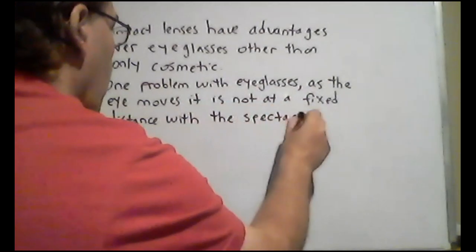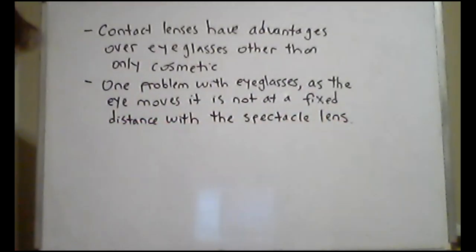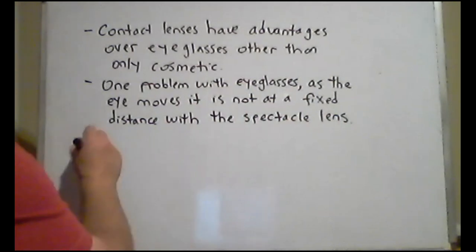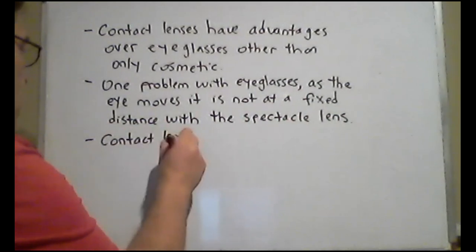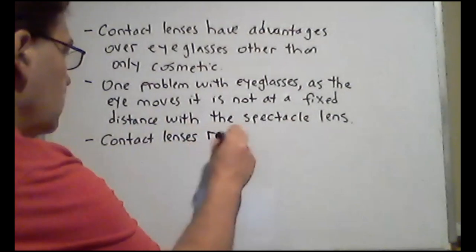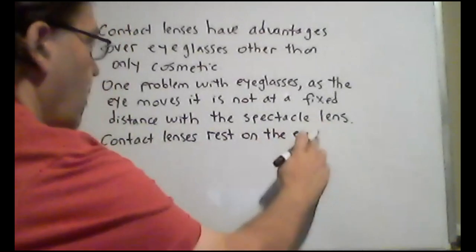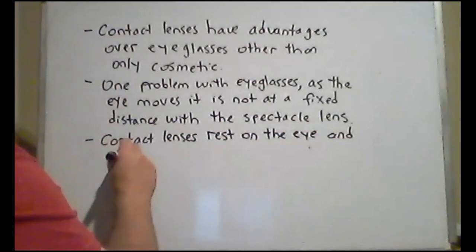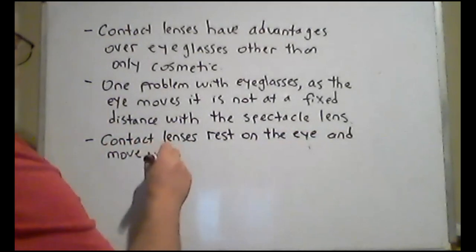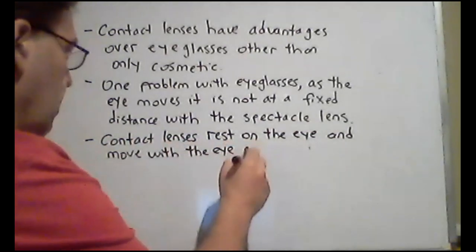But with contact lenses, the contacts actually will move with the eye. So the contact lenses rest on the eye and move with the eye, giving improved peripheral vision.